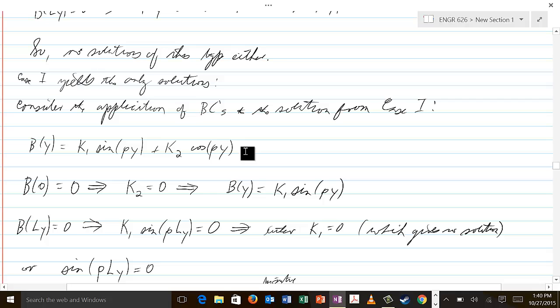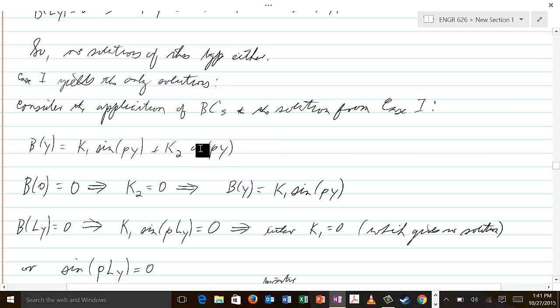Now what can we say about p? Remember that we had two boundary conditions. B has to be 0 at the bottom of the domain, when y is equal to 0, and when y is equal to L y at the top. The fact that b of 0 equals 0 implies, if we plug in 0 here, that the sine of 0 is 0, so the first term drops out, and we get 0 is equal to K2 times the cosine of 0.